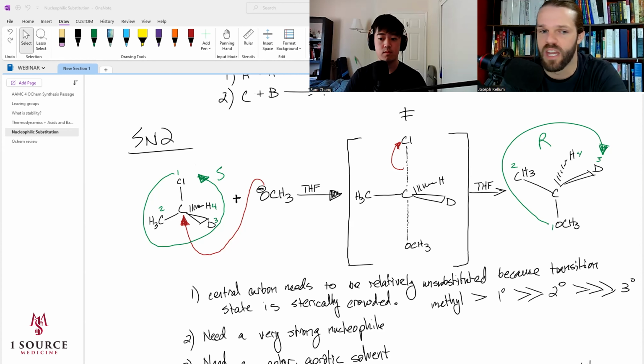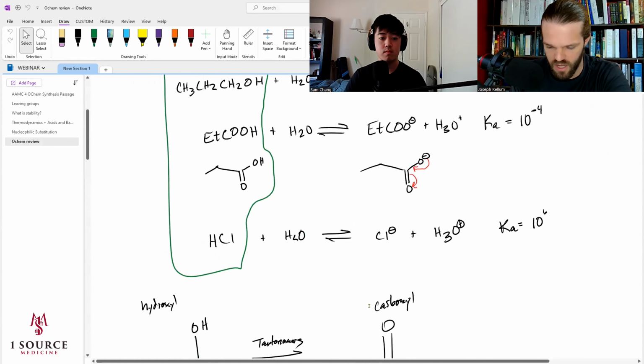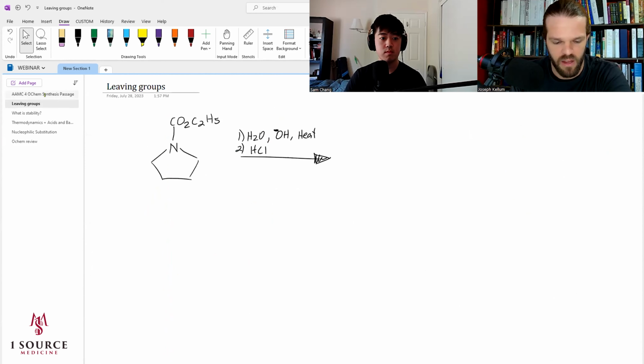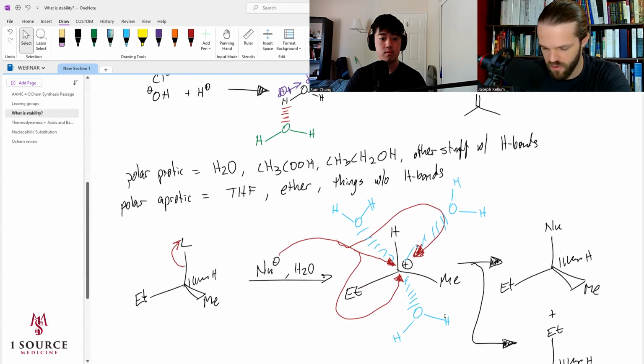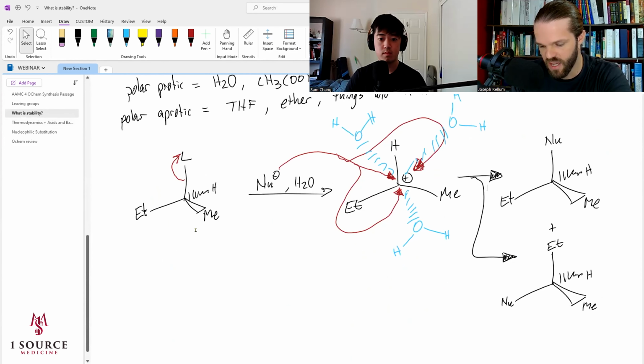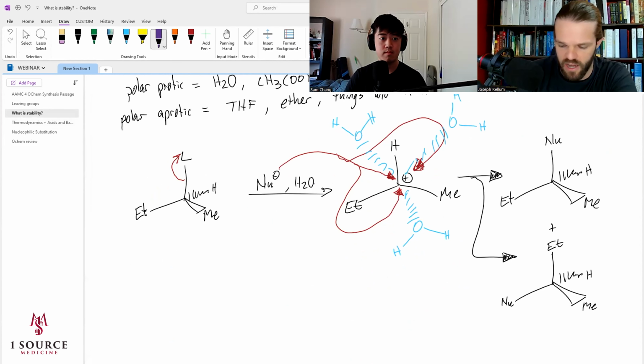A polar aprotic solvent cannot possibly be SN1, because if you look at, as Sam just discussed, the reaction mechanism that I drew out, this first step, which is the rate determining step, cannot actually happen in a polar aprotic solvent, because we can't stabilize this carbocation intermediate.